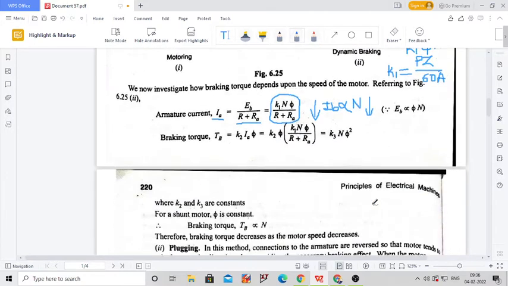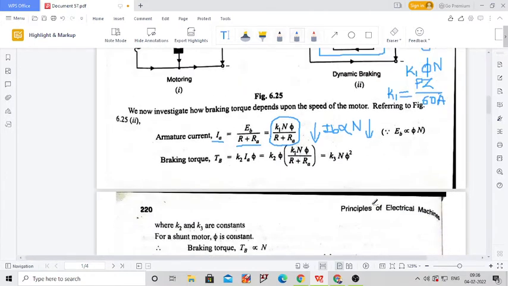Similarly, when we talk about the braking torque, what is torque?